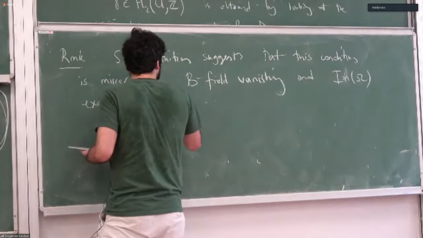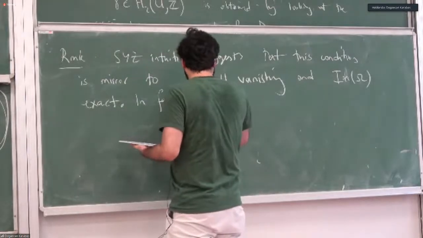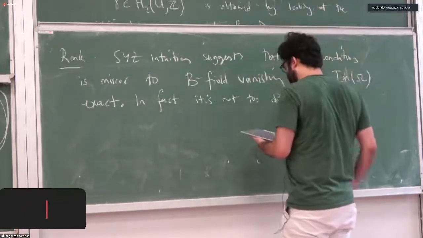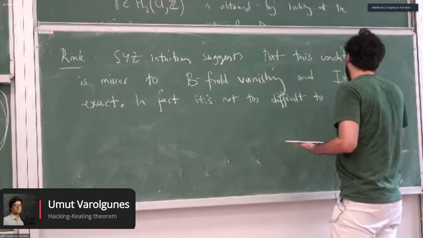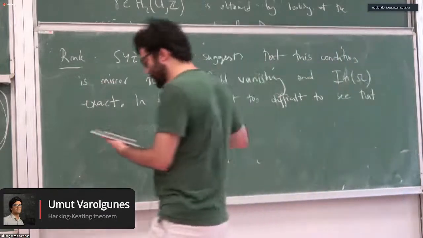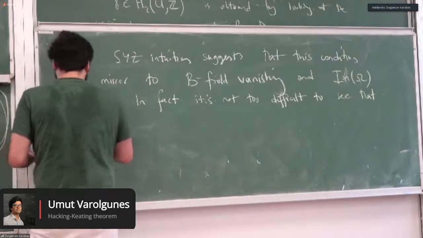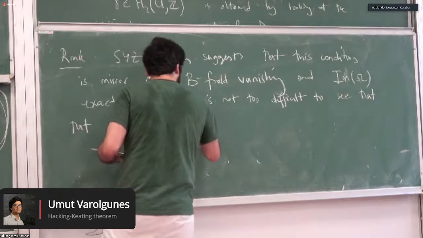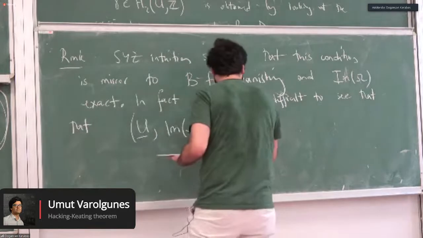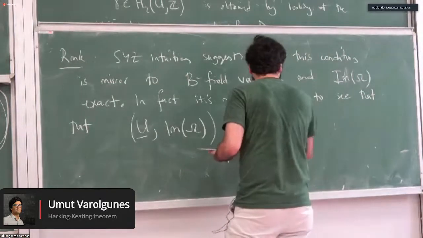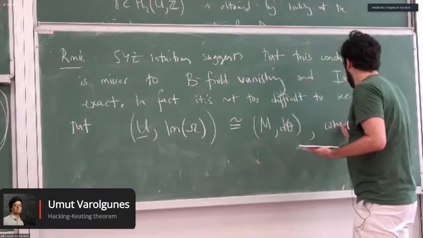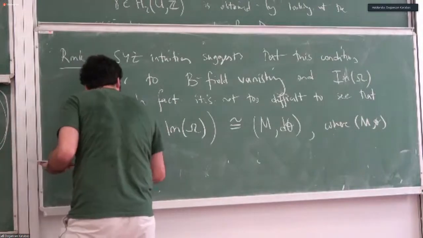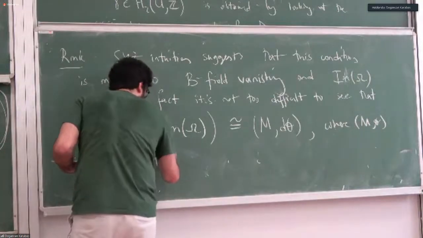In fact, it's not too difficult to see. This is not exactly part of the SYZ intuition, but it's further work to see that U underline imaginary theta is symplectomorphic to M theta, where M theta is a Weinstein manifold.